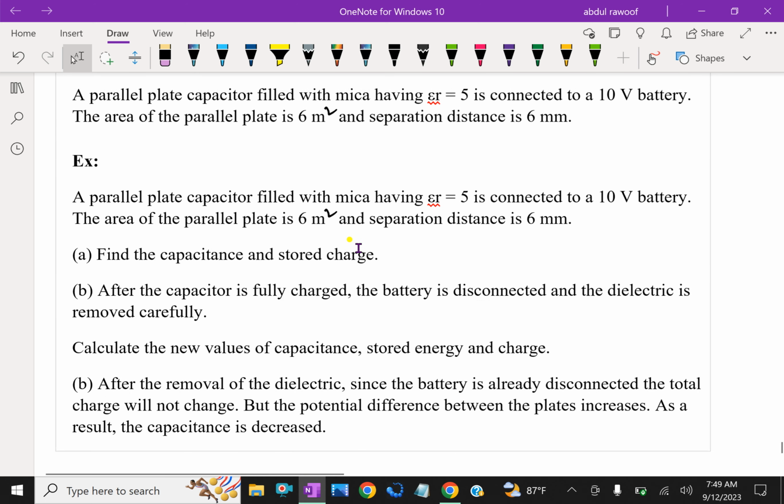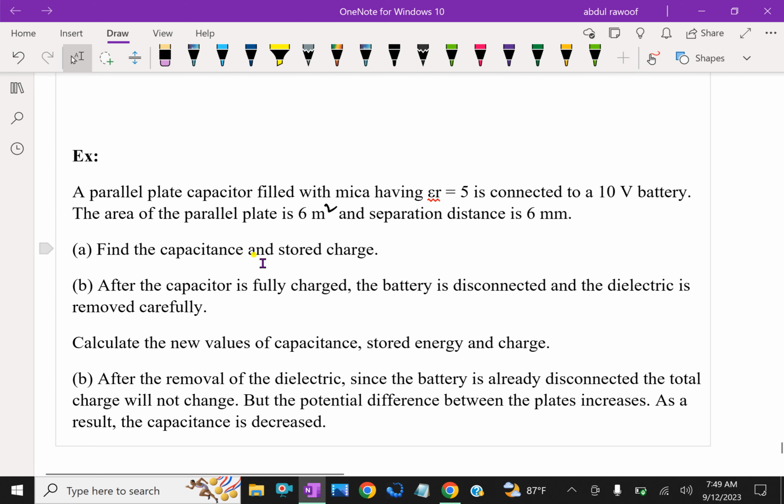Next question. A parallel plate capacitor filled with mica, that is epsilon r equal to 5, relative permittivity 5, is connected to a 10 volt battery.